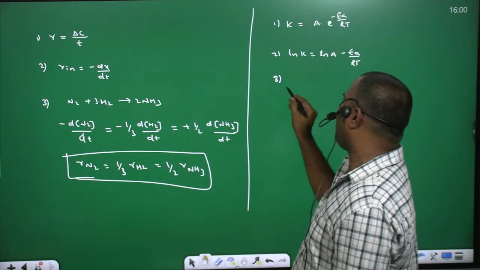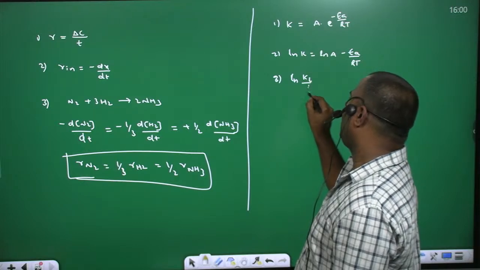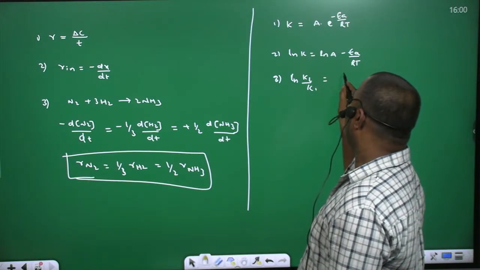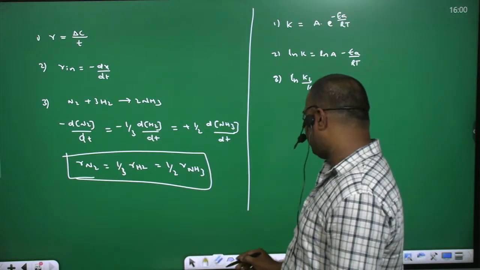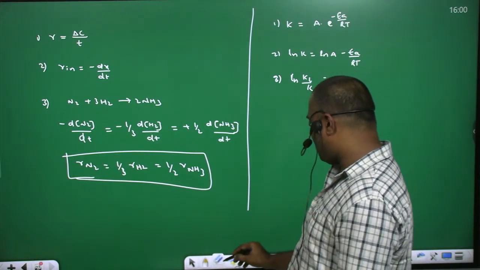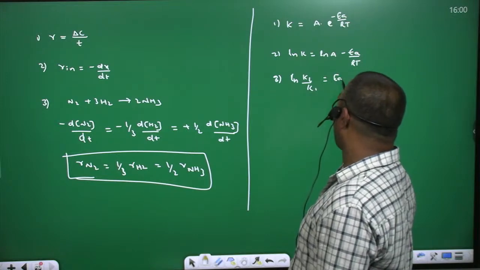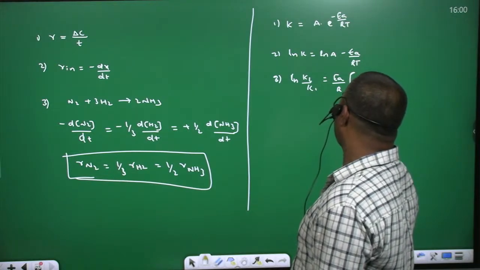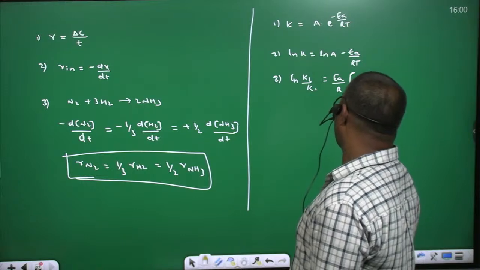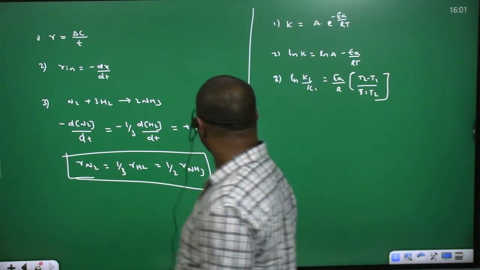At 2 different temperatures, how can we write? Ln K2 by K1 equal to EA by 2.303 R into T2 minus T1 by T1 into T2.